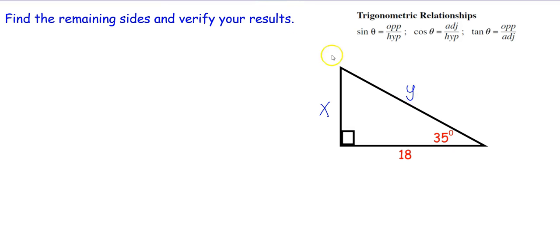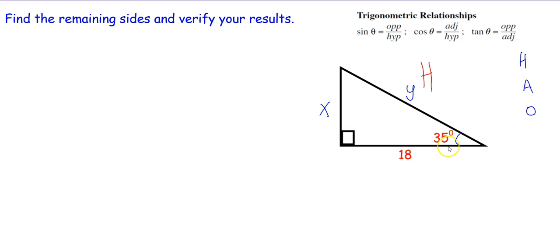Alright, let us start from the given angle, which is 35 degrees, and identify your hypotenuse, adjacent side and then the opposite side, so that we'll be able to make use of those trig ratios, right? So already opposite to 90 degrees, this is the side which is called the hypotenuse. So your y is the hypotenuse here in this case.